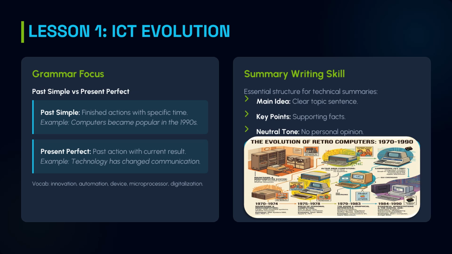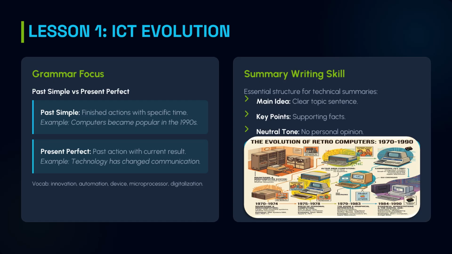So when the action starts in the past and is still continuing or having an effect in the present, what do we use? We use the present perfect to express the idea. So when you write your summaries, keep your personal opinion out. Stick to the professional facts of ICT evolution or innovation.